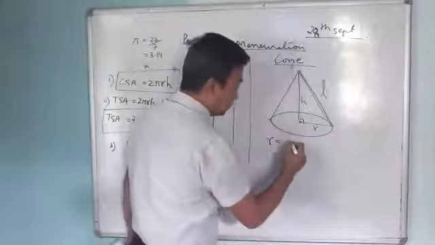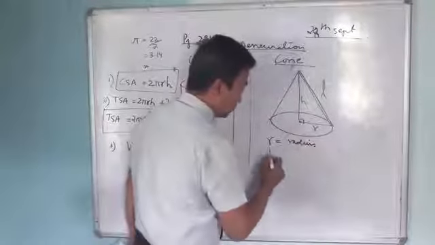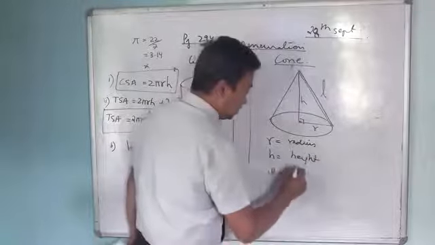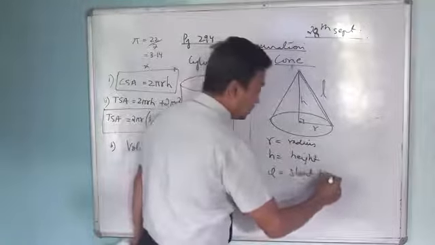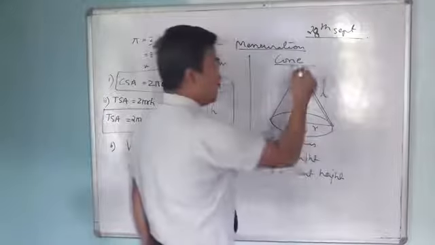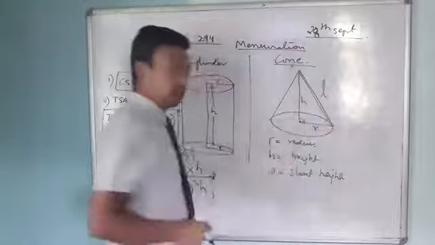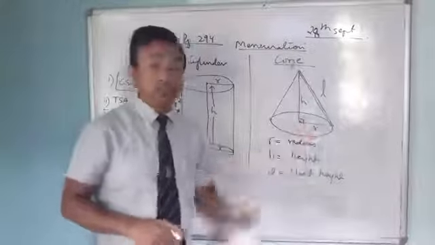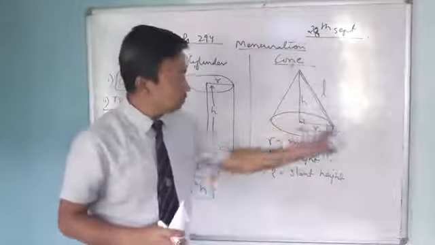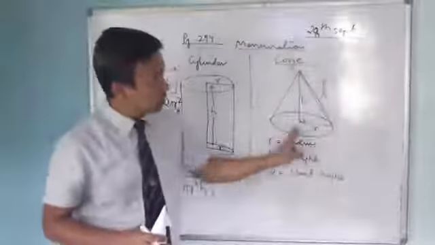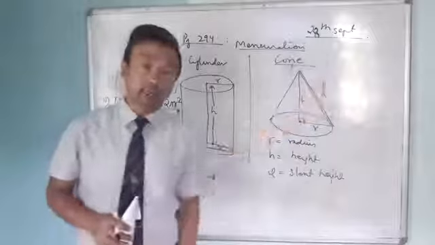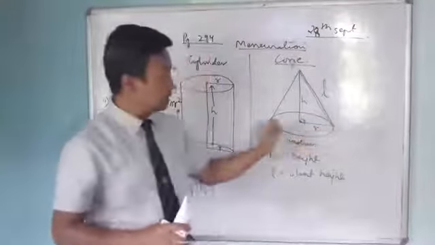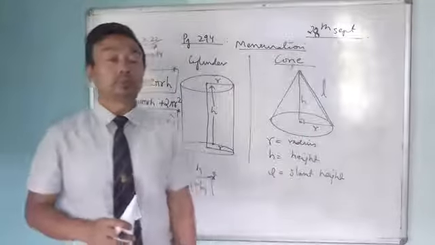So R will be your radius, H will be your vertical height, and L will be your slant height. Now if you only concentrate on this figure and take it as a two-dimensional triangle, it will resemble a right angle triangle. In the right angle triangle, this is the hypotenuse, this is the base, and this is the perpendicular.